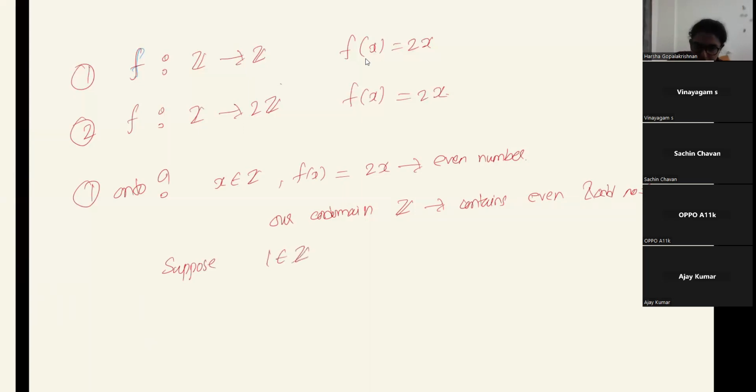By the definition of ontoness, our question is: does there exist an x in Z such that x is mapped to 1 under the function f? If this condition is satisfied, we can say f is onto.